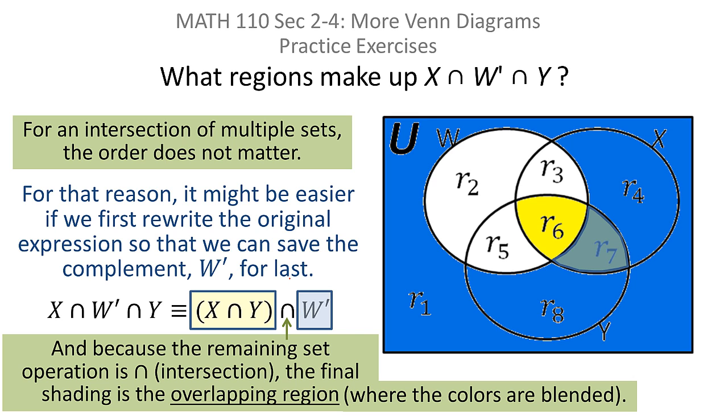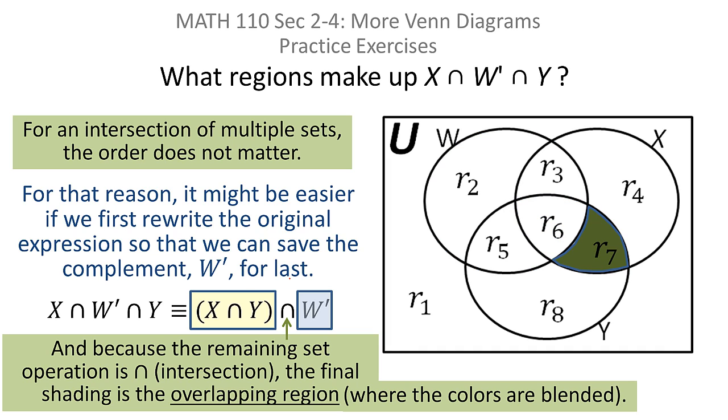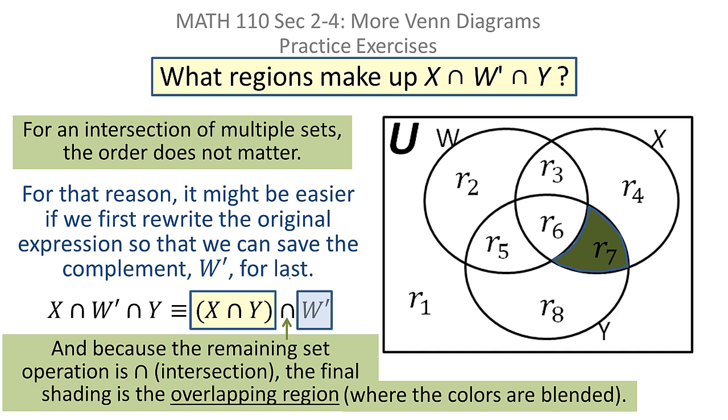So that blended area is the area of overlap. So the answer is R sub 7. Take it one step at a time, a piece at a time, and apply your definition of complement and intersection.